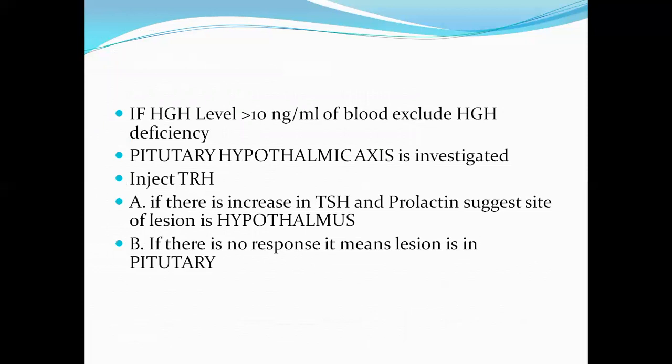When the pituitary hypothalamic axis is investigated, then we inject TRH. If TSH increases and prolactin also increases, then that is a lesion of the hypothalamus. If there is no response, it means the lesion is in the pituitary.